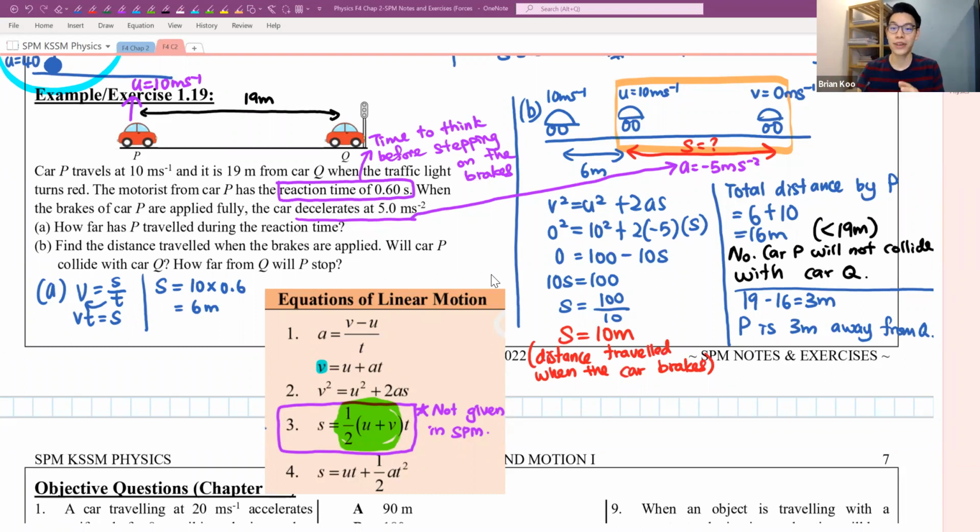You still have to think and process it first, right? 0.6 seconds is not a long time, it's less than 1 second. So it's a normal time. You think, you step on the brake. That whole process took 0.6 seconds. So how far has it traveled during that 0.6 seconds? 0.6 seconds times 10 meters per second. So he has traveled 6 meters when he was thinking.